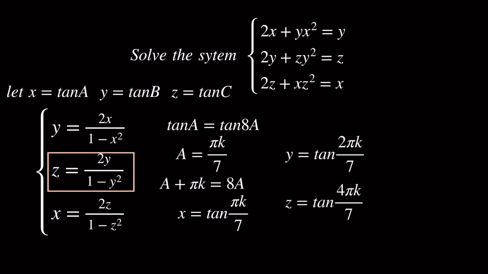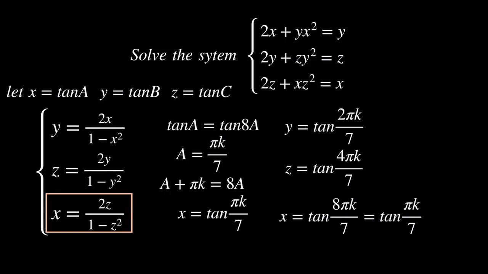And doing the same thing for z gives tan of 4 pi k over 7. And if we want to check that we have done nothing wrong, we can do it for x again. What we will be getting is 8 pi k over 7, which is just pi k over 7, because 8 pi k over 7 minus pi k is pi k over 7. So there's no contradiction there.